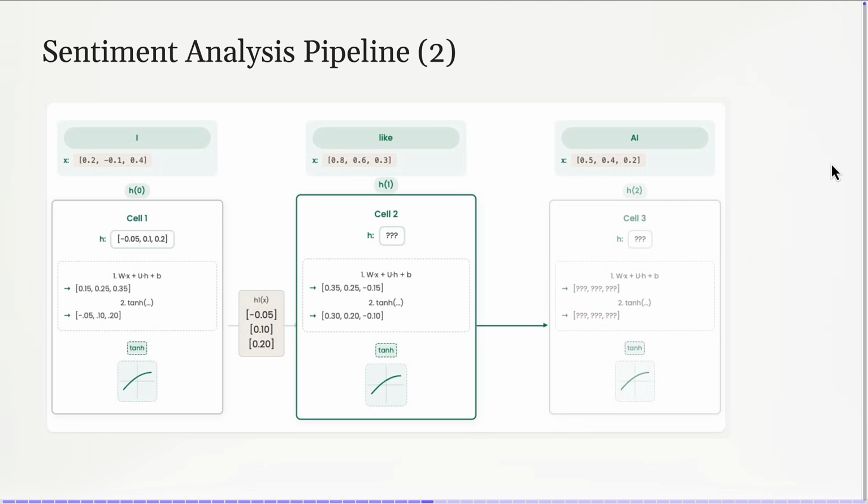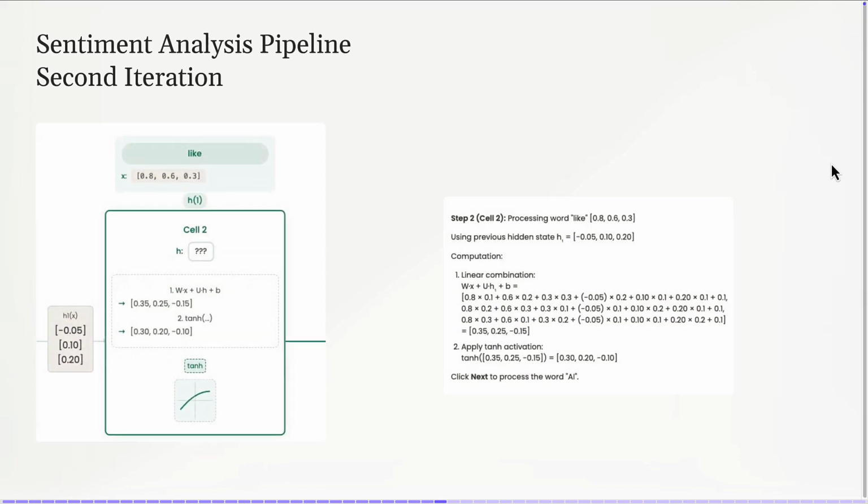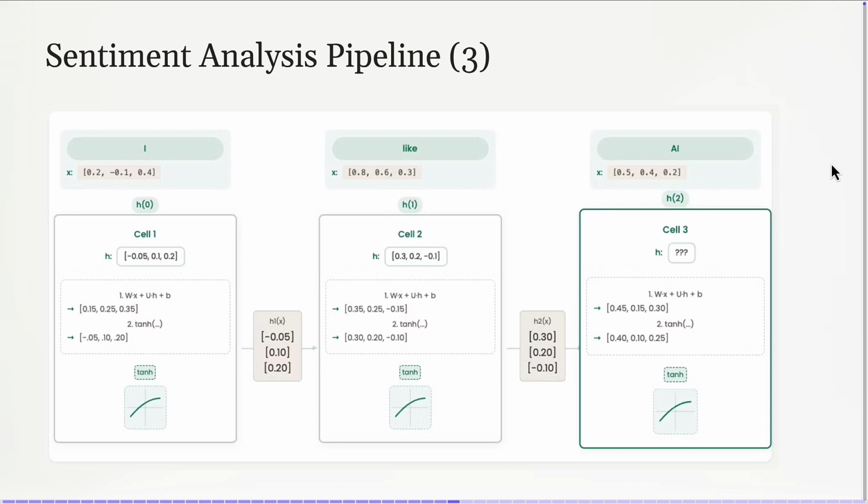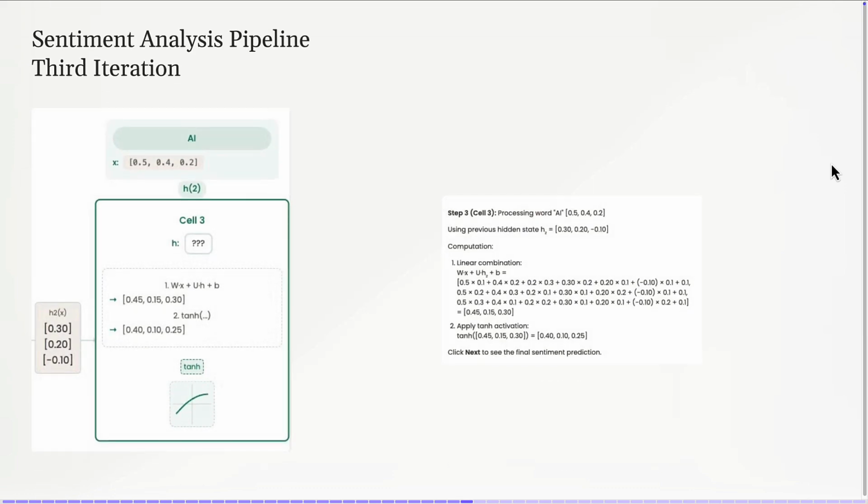This one is the hidden state, and I will also plug in a new input, "like". Same thing, we will do the computation in the second iteration in the same way, doing the same thing iteratively, and this is going to give an output that will also be fed to this value, until at the end we get the final result.